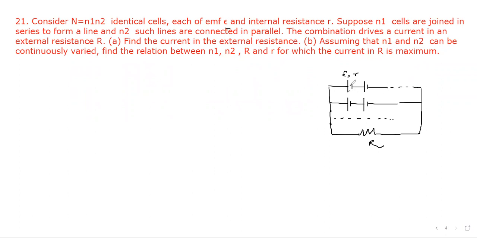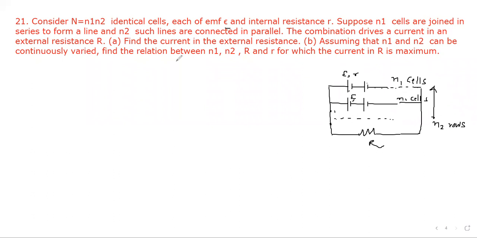So this cell has EMF E and internal resistance r. Similarly, the second cell also has EMF E and internal resistance r. Here, as per the question, N1 cells are joined in series, so there are N1 cells. And again, this is E with r internal resistance, and here again N1 cells. So in this way, there are N2 rows.